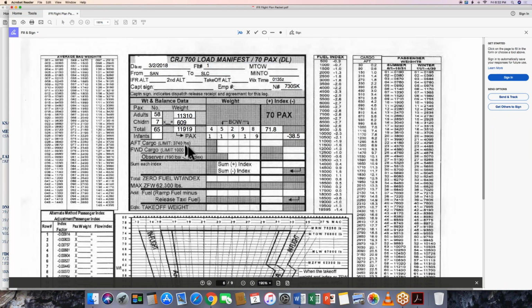So 105 bags. How do we figure out our bags? Left chart. Alrighty. Okay, our left chart, we've got 105 bags, so we'll find 105 bags here. 3150. Okay. So we'll hurry and type that in here.